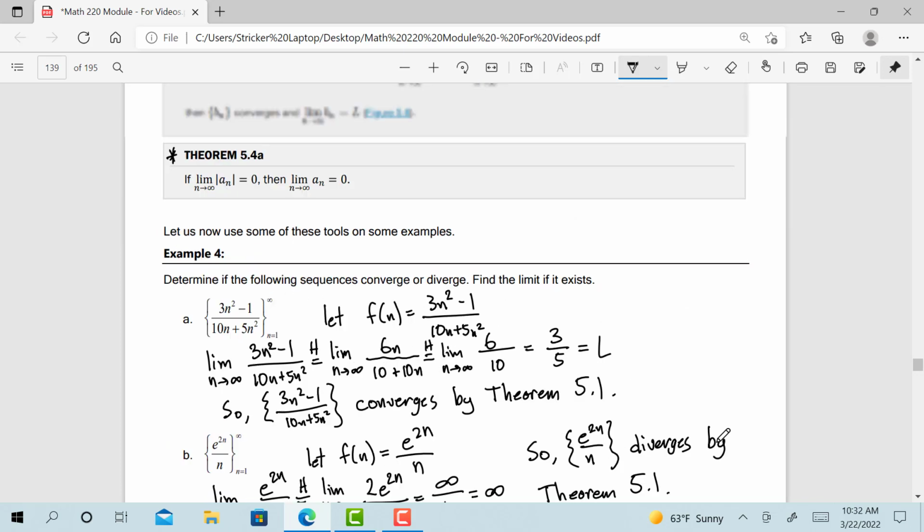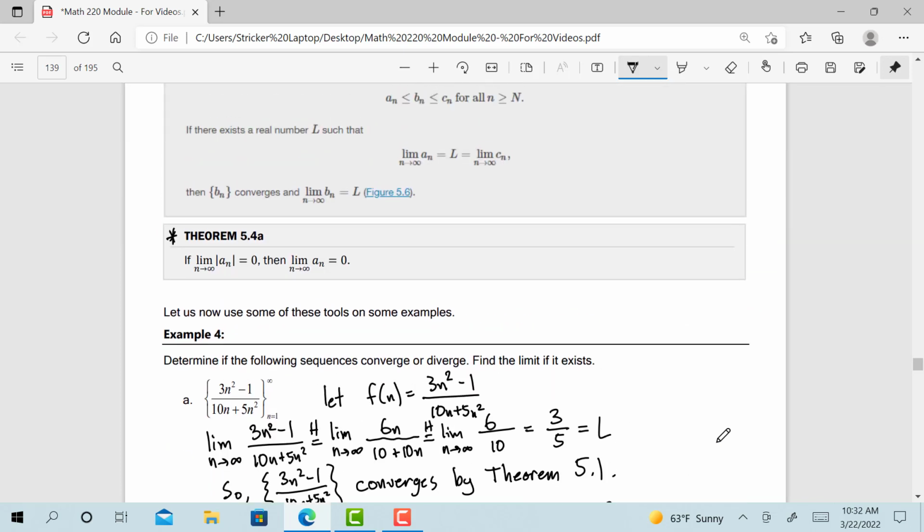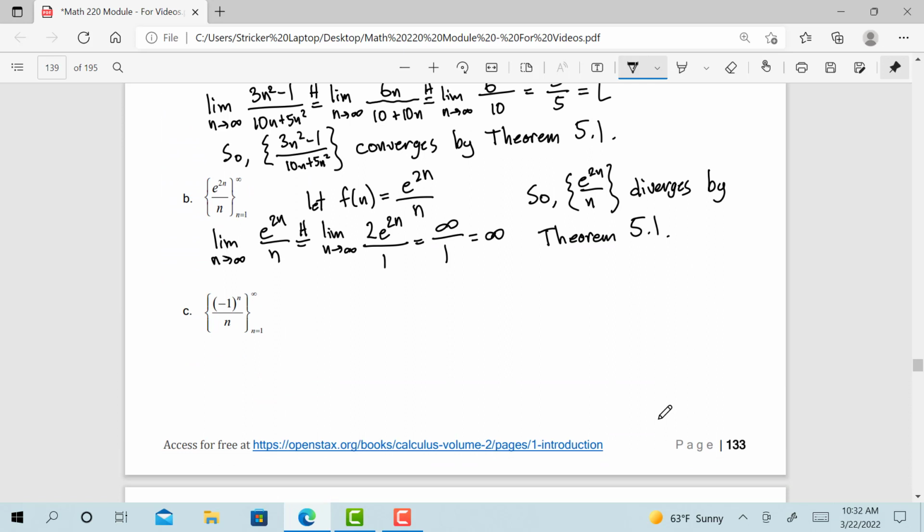If we scroll back up, remember that's going to be useful, and it's going to be useful to use theorem 5.4. This is good for alternating sequences. So in this case, the absolute value of a sub n is going to be 1 over n.